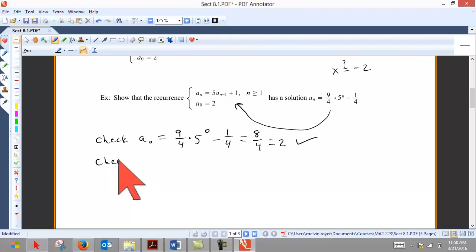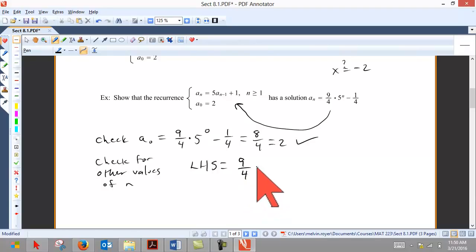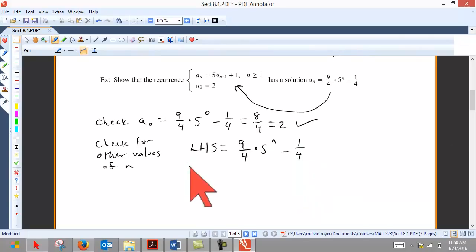And now we'll check for other values of n. The left-hand side is a sub n, but I'm claiming that that's 9/4 times 5 to the n minus 1/4.